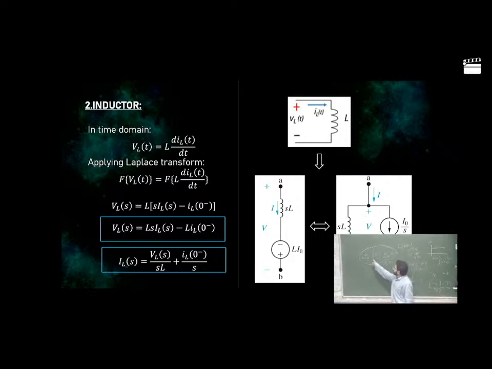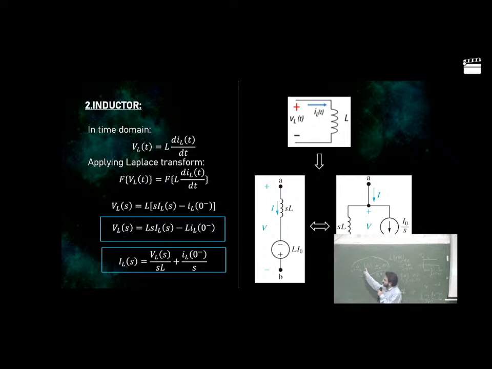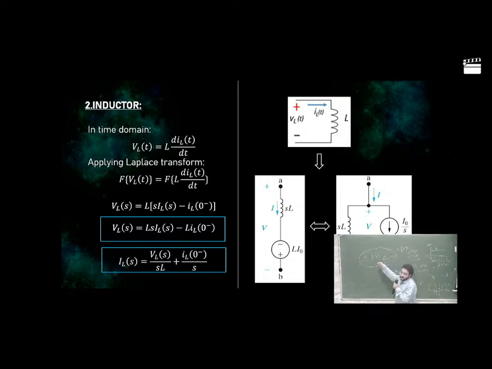Actually, the initial value, when t tends to 0, the value of the signal which you are getting, you can get the same value as s tends to infinity. You take the Laplace transform and multiply it by s. Like I'll just give a small example. Say f(t) equals e to the power 3t. As t tends to 0, the initial value will be 1.